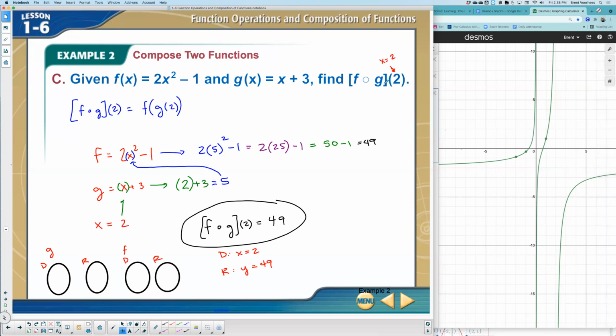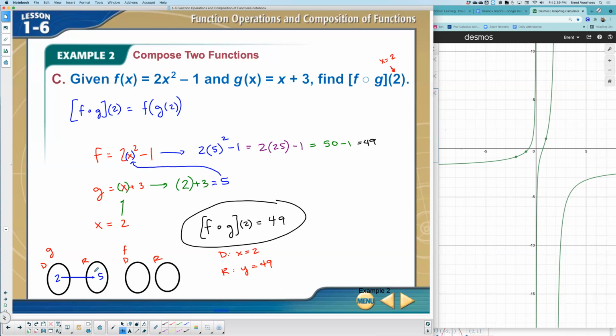Okay, we started with the value of 2. That was our domain value. What did we plug the 2 into first? Which equation did 2 go into first? g. That means 2 was the domain of g. And it produced an answer for us. When we plugged in 2, we got some range value. What was the range value we got? 5. Okay.